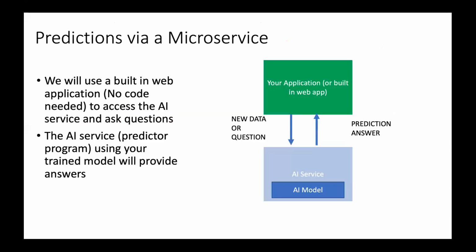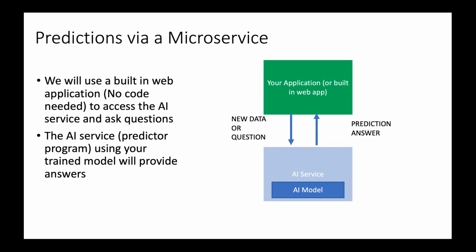So now I want to spend a little bit of time describing this concept of a microservice because it is so important to the core of everything that we're going to do. If you think about it, when you have trained an AI, what an AI does fundamentally is get data and make predictions. So what you have is really a standalone little program that lives to essentially make predictions.